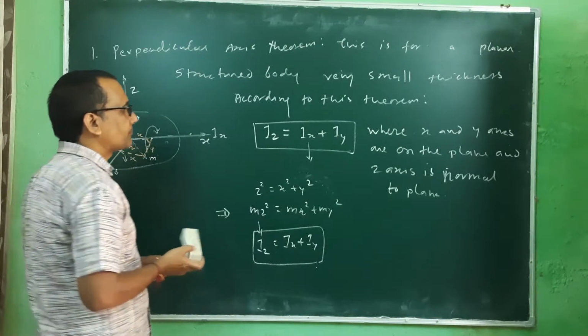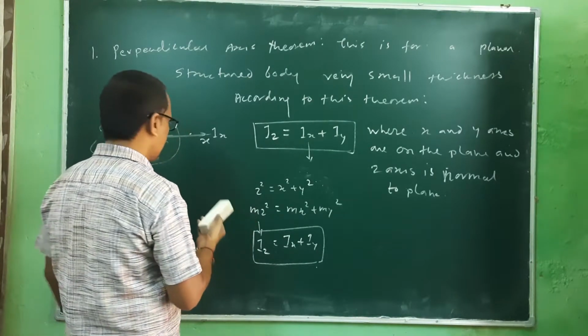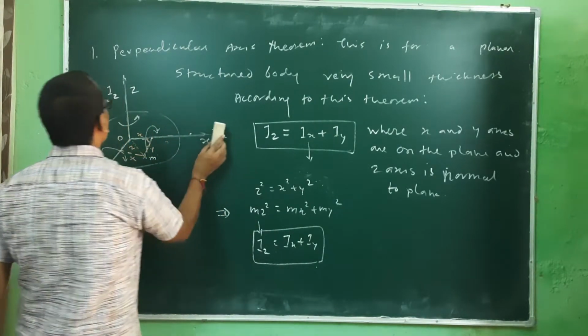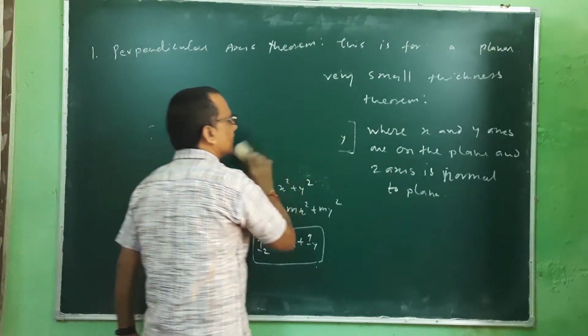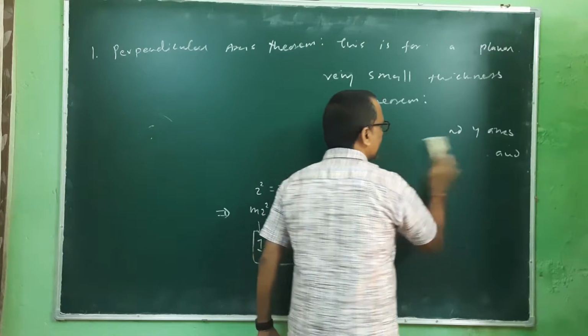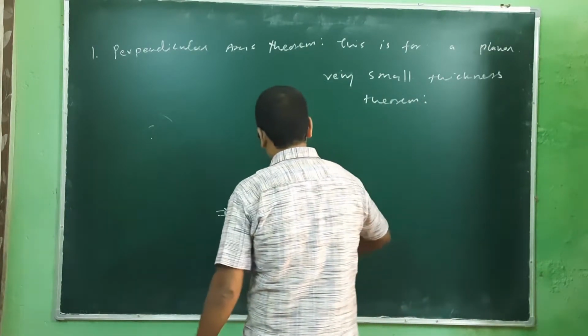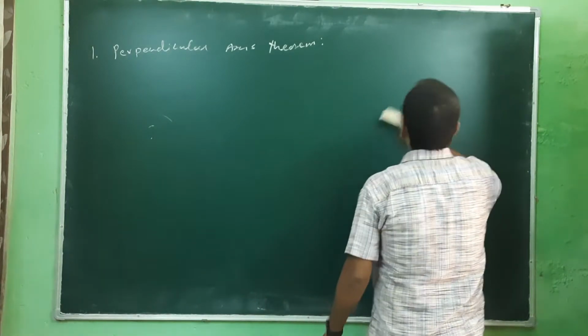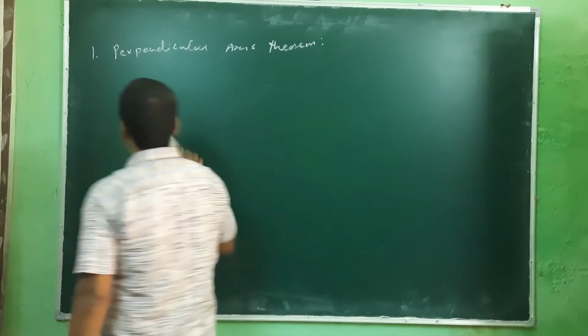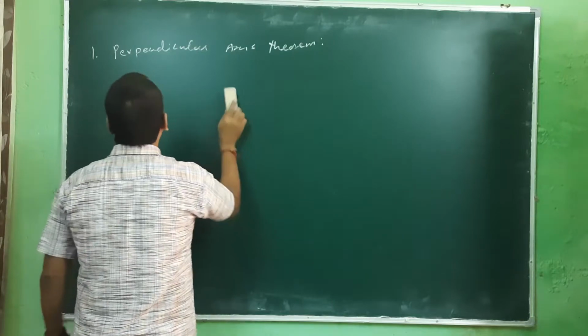Now, second is the parallel axis theorem. Remember, this perpendicular axis theorem is used only in laminar or planar structured bodies having very small thickness.